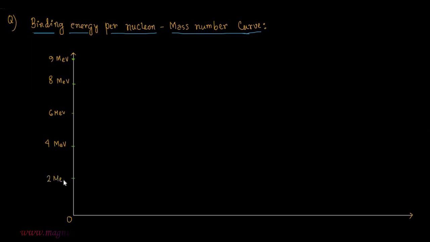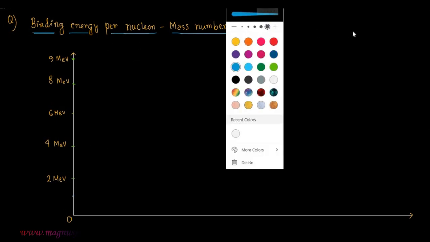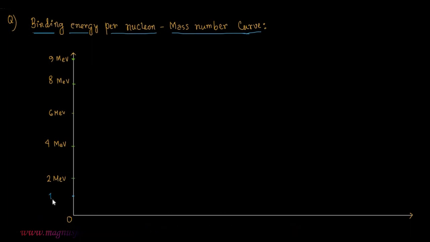Now we can denote 2 mega electron volt binding energy, and again here we can denote 1 mega electron volt, then 3 mega electron volt, 5 mega electron volt, and 7 mega electron volt. And along the vertical axis we can denote binding energy per nucleon.